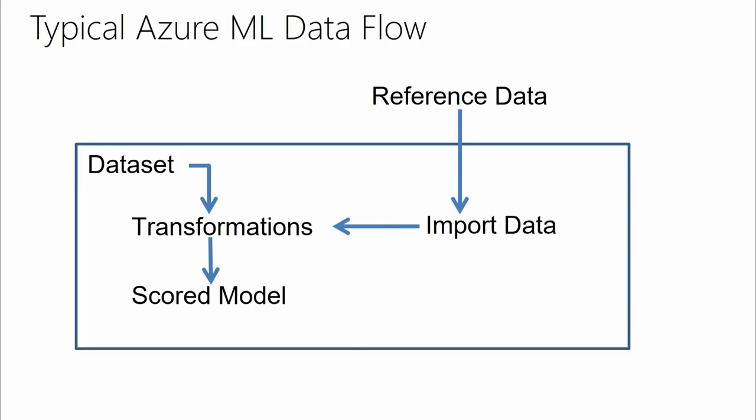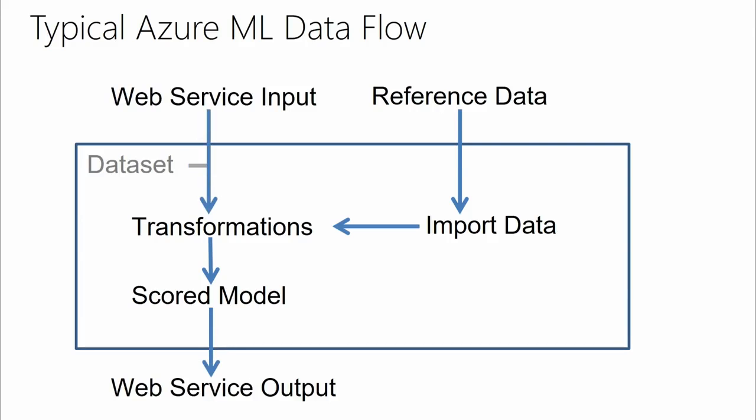But we need to use the import data module in Azure ML. We import from those outside sources, whether it's SQL, Hive, etc. And then we can do, say, a join in our transformations to bind that reference data to the correct bits of our input data set.